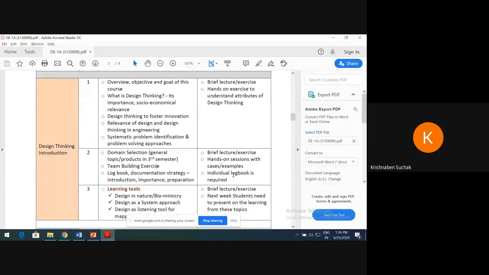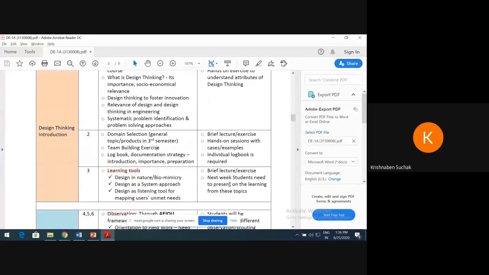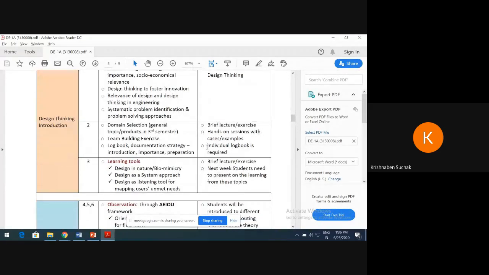So what we are going to do in this lab, I will assign you some task. You need to carry out that task throughout the week, and then present it to me next week. Okay. Here it is written that an individual logbook is required, so you have to prepare a logbook. In the logbook, you will write the date, lab 1, and what things you have done in that lab.